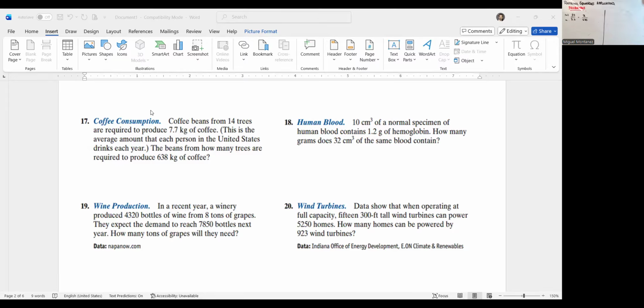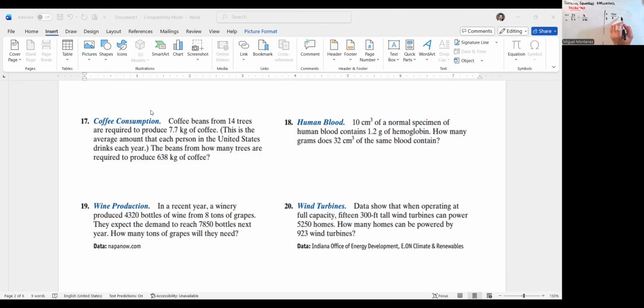Look at number 19 here. In the recent year, this winery produced 4320 bottles of wine from 8 tons of grapes. So wines and grapes.